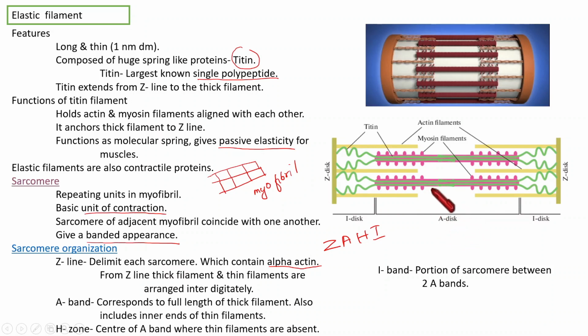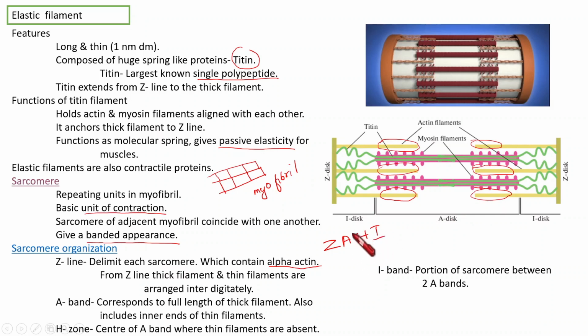And the A band also contains the tip portions of the thin filaments. We can see here the tip portions of the thin filaments are also included in the A band. So the A band, I hope, is clear to you.